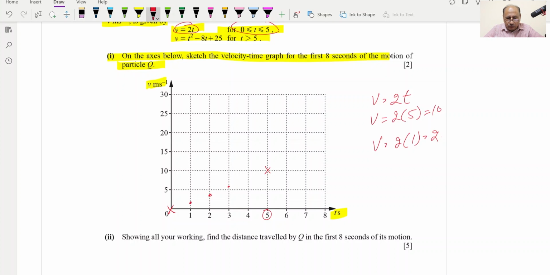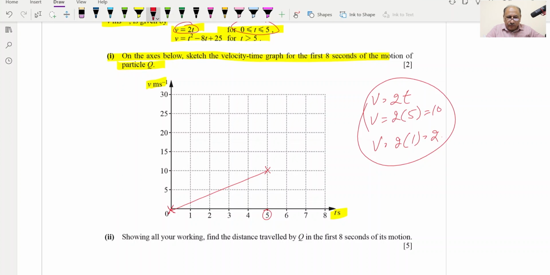Now this will basically be a straight line, so we can draw a straight line like this, a straight line graph for this section.